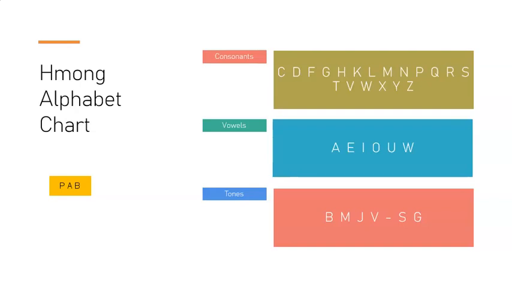So there you have it. Every single Hmong syllable will consist of a consonant, a vowel, and a tone. And sometimes, if it's a neutral tone, you might not see a letter. So for example, let's go back to this word. Let's go neutral tone. Now there's no letter to represent tone, which means, yes, it does still have a tone, but it's the neutral tone.